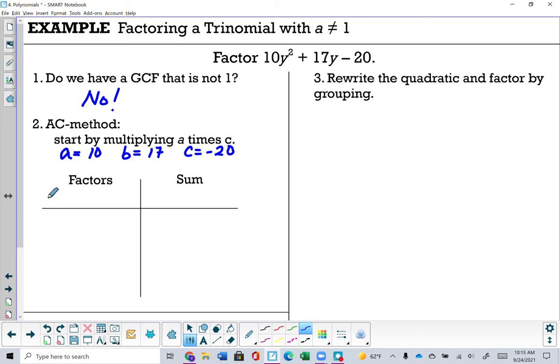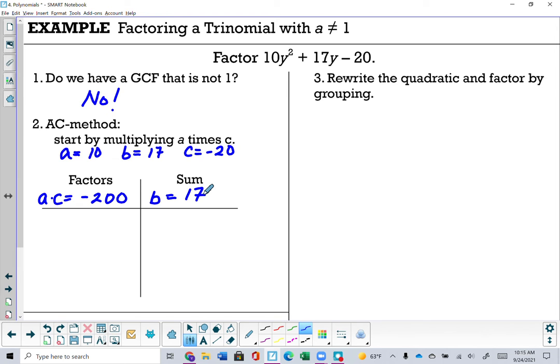So A times C, 10 times negative 20, right? So that gives us negative 200. And for our sum, B has to equal 17. So I already know, since my sum has to be a positive number, when I'm writing my factors, the bigger number is going to be positive.